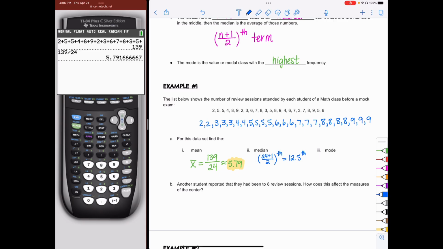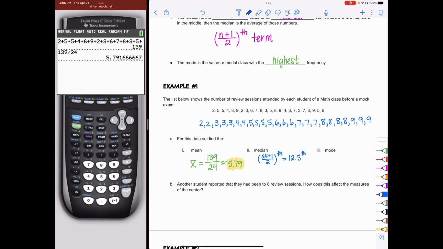So if I count over, 1, 2, 3, all the way to 24, yes, we have our 24 terms. It said that our median was going to occur at the 12.5th term, so I'm halfway in between 12 and 13.